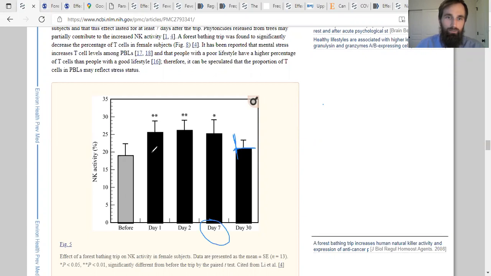And this is still elevated above the initial, but definitely not as elevated as at day 7. So essentially, every 7 days, if you can spend time out in nature, in the forest, doing some deep breathing, that's really the takeaway from this natural remedy.